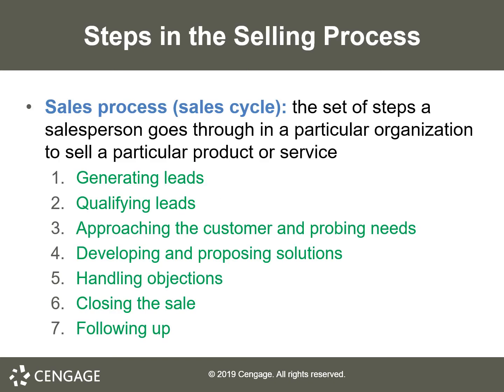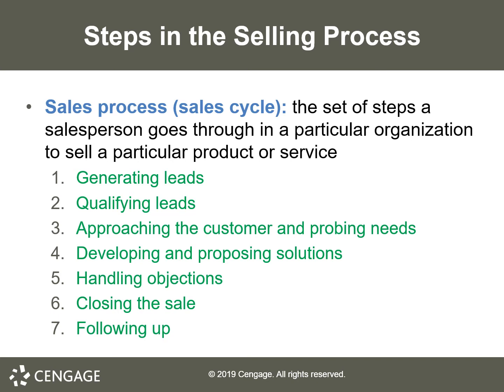There's a sales process or a sales cycle, and the set of steps a salesperson goes through in a particular organization to sell a particular product or service is called the sales process or the sales cycle. First, you need to generate leads. These could be potential customers. Then you actually have to qualify those leads and determine which ones might be the best customers.